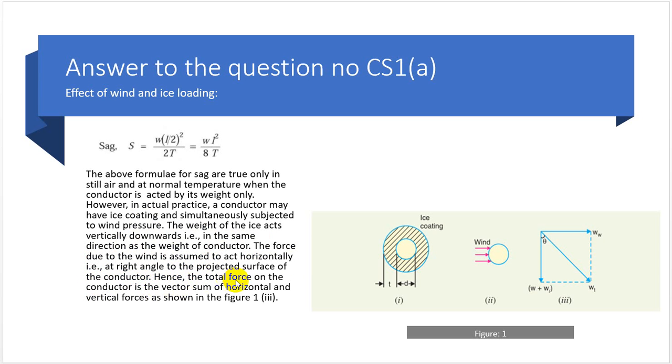Hence, the total force on the conductor is the vector sum of horizontal and vertical forces, as shown in figure 1a. It shows the ice coating, wind, and the horizontal and vertical forces, in figure 1.